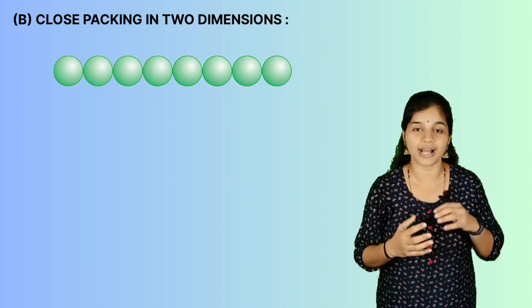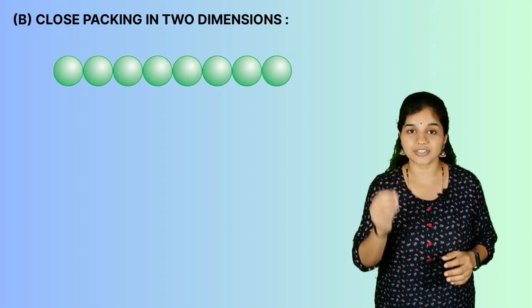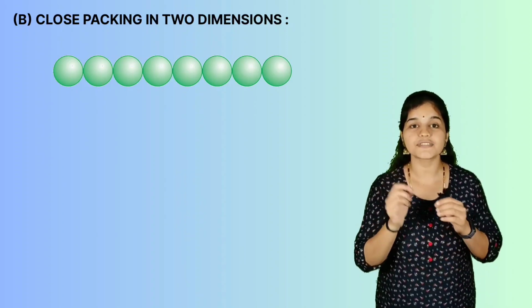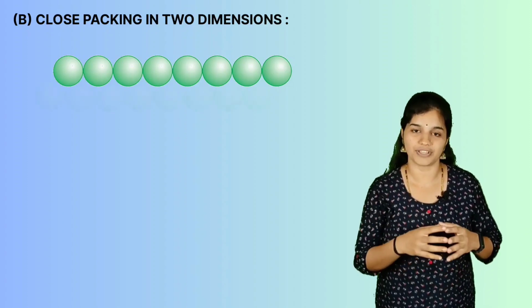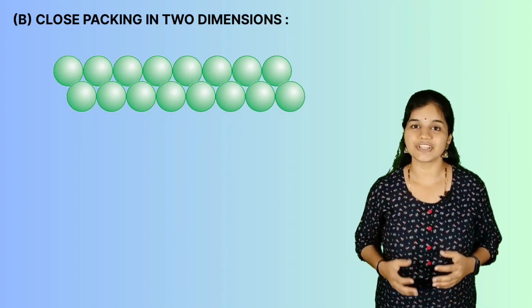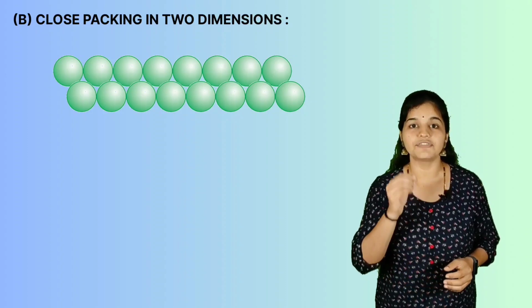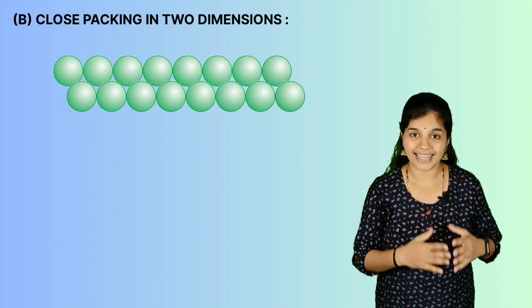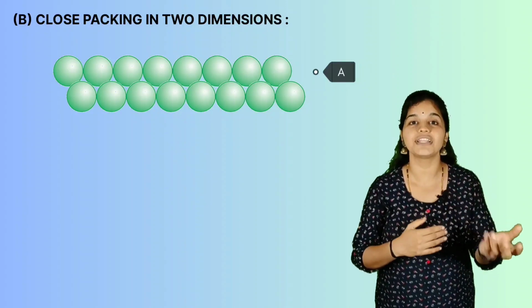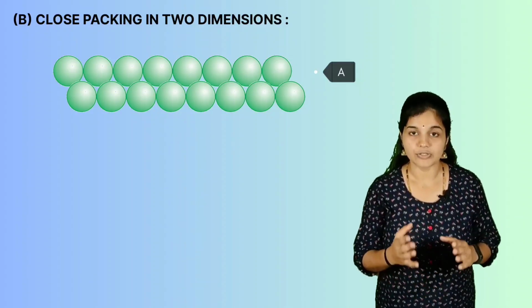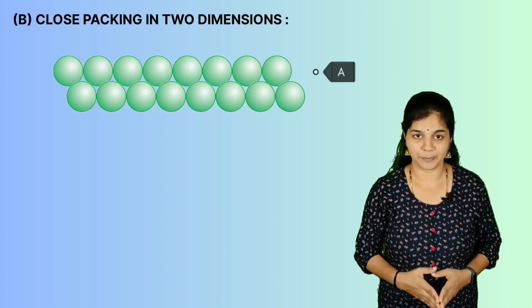So, how are we going to arrange the second row? In such a way that the spheres of the second row fit exactly in the depressions of the first row. In this arrangement of spheres, if we call the first row A type, then the second row is different from the first row, so we can call it B type.